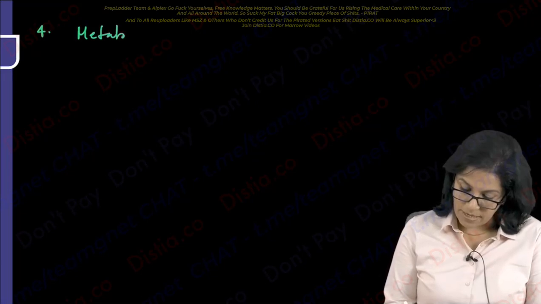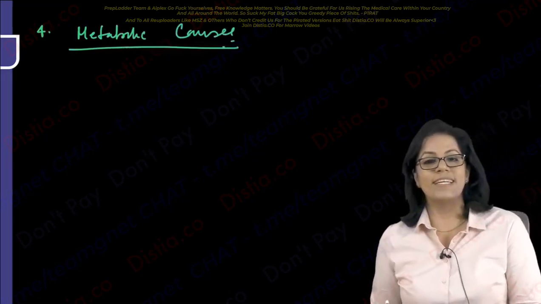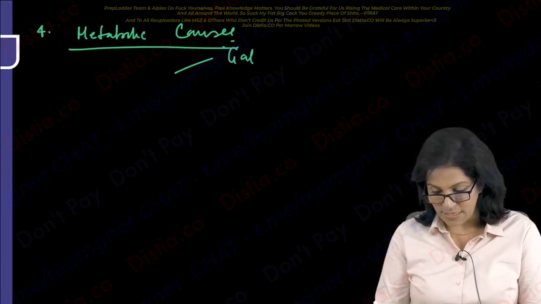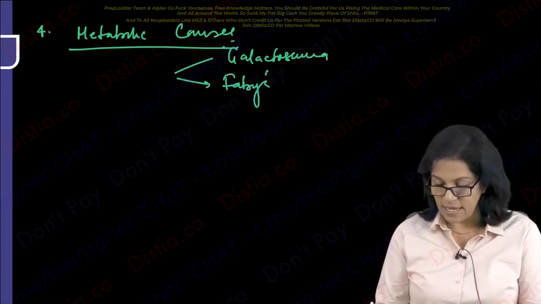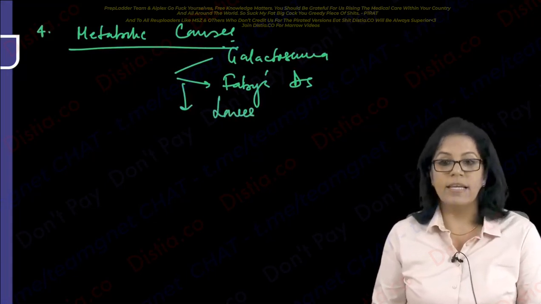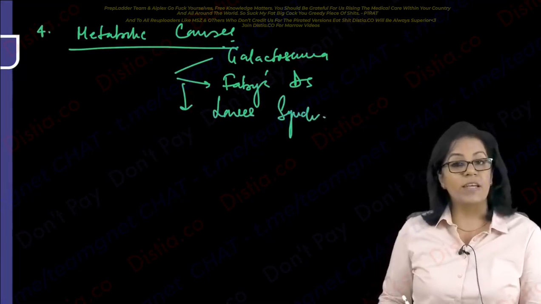So one you talked about infective, you talked about radiation, drugs, and metabolic causes we have to know. We have discussed this also: galactosemia, Fabry's disease, and thirdly, Lowe syndrome, right? So these are the metabolic causes we can think of.